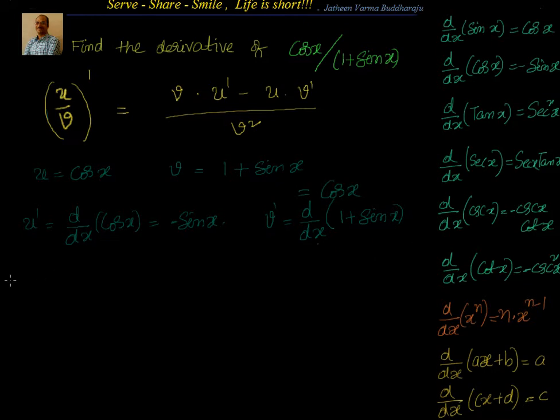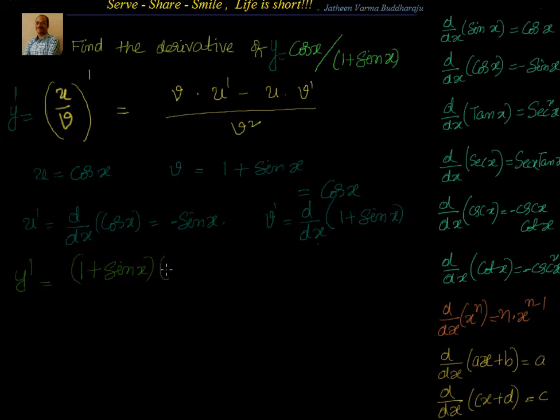So I'll write it down. I will say derivative of cos x by 1 plus sin x. Let us say this is equal to y dash, because y equal to cos x by 1 plus sin x. We can write y dash equal to v into u dash. What is v? 1 plus sin x into u dash.